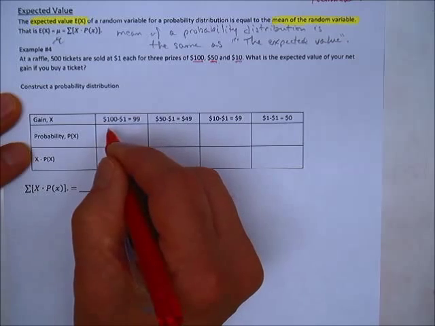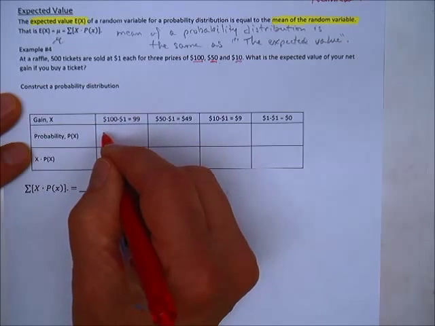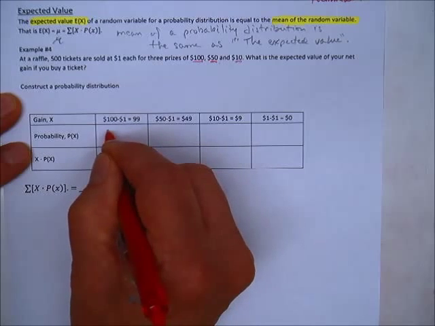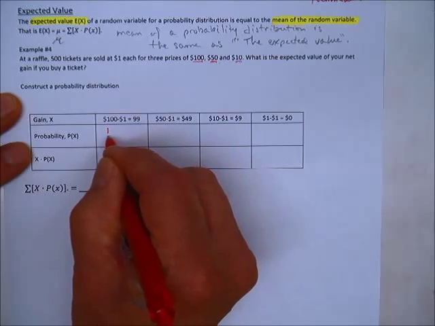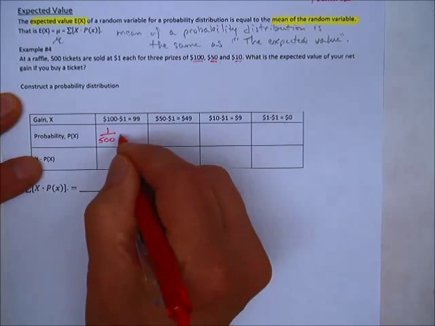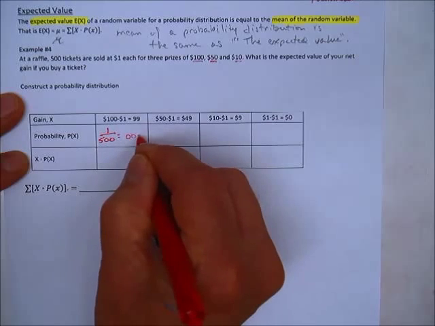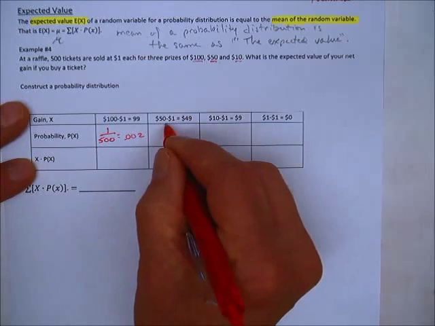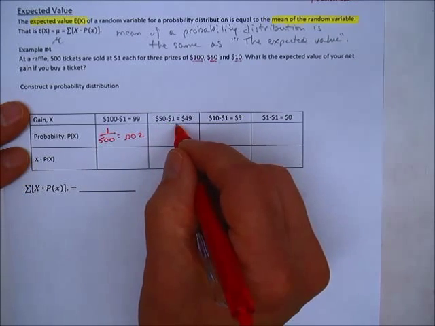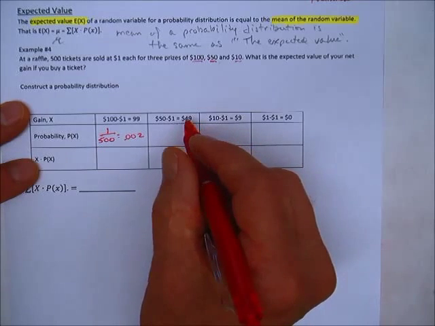There's only one $100 prize out of 500 tickets. So that probability is going to be 0.002. And then if you win the $50 prize and you spend $1, then you've won $49.